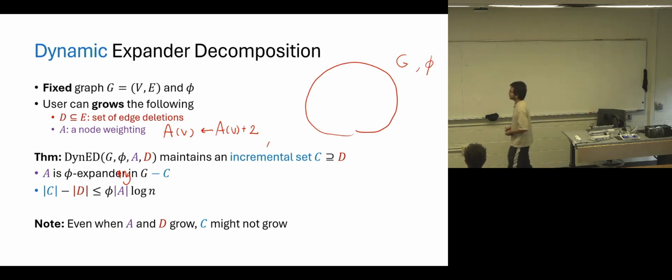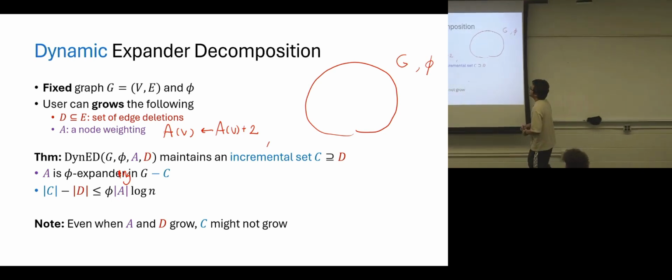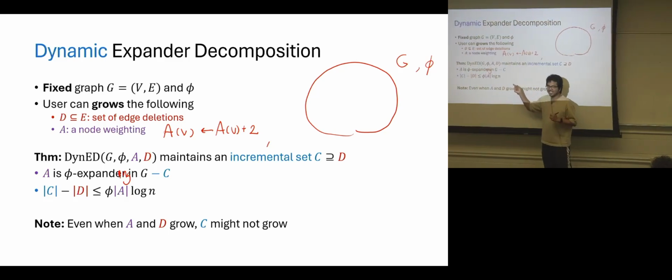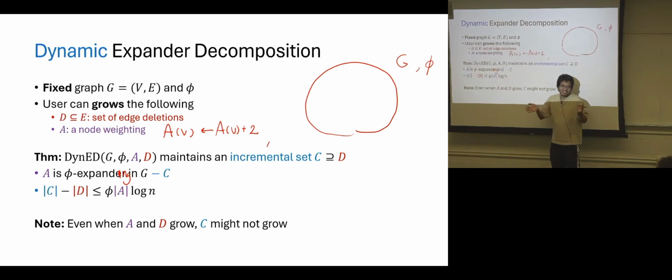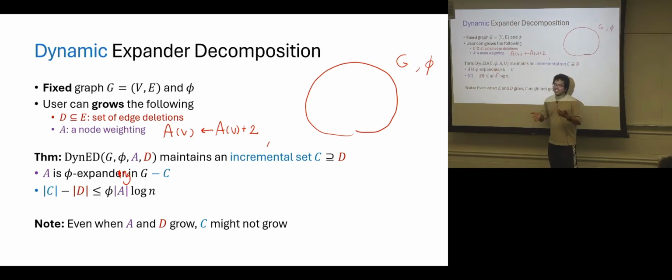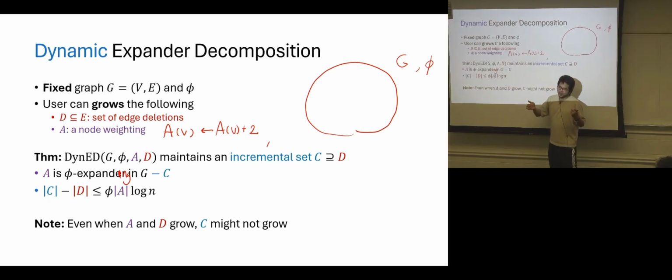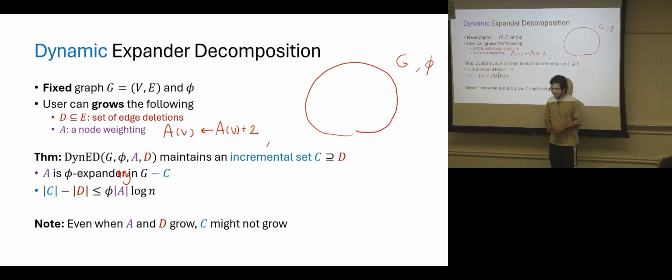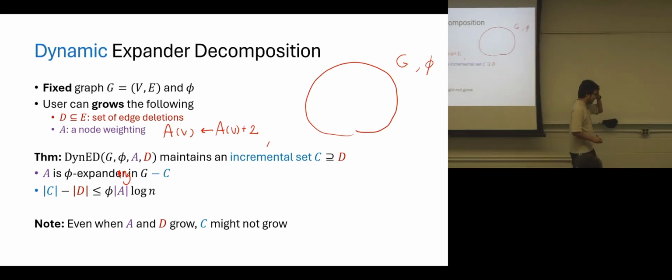Compute the expander decomposition, we get C, and now just wait for the next update. Maybe you delete something more, you grow A, and then just do expander decomposition in G minus C. Continue doing that. Yeah, that's the idea basically.